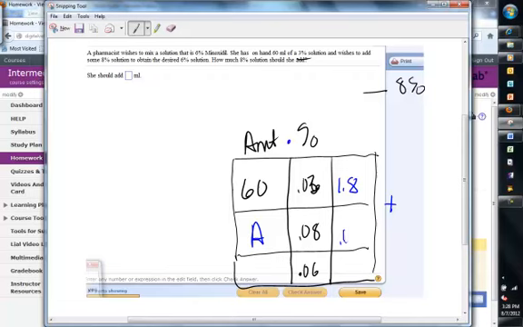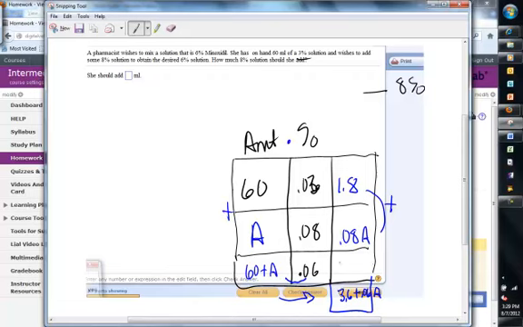So this is 0.08A when you multiply going across, and this is 60 plus A when you add going down. Now we have to multiply that by that to get how much total we have. So 60 plus A times 0.06, we write it in this box over here, and we get 3.6 plus 0.06A.